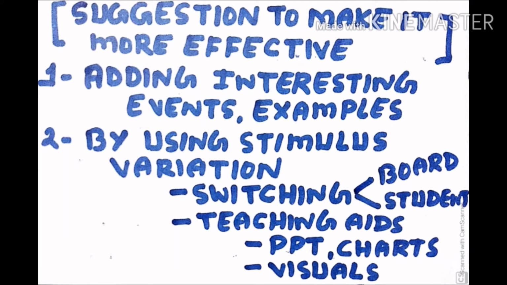After discussing the merits and demerits, and obviously there are many demerits in using the lecture method, there are some suggestions which can make it more interesting and effective. The first one is adding interesting events and examples. A plain lecture cannot create any effectiveness in the mind of a student.